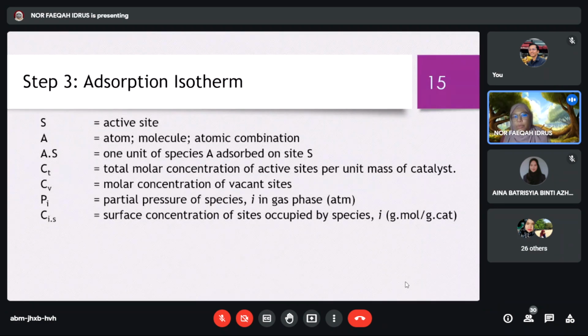Okay, what happens during the adsorption, and what is the isotherm describing how the adsorption of reactant onto the active site of the catalyst occurs. So before that, we look at the definition of the terms that we are going to use in order to write the adsorption rate equation.